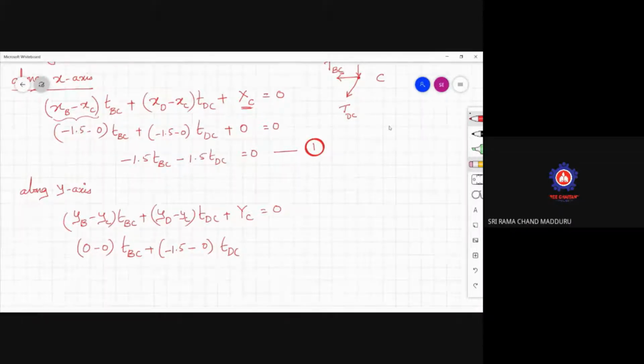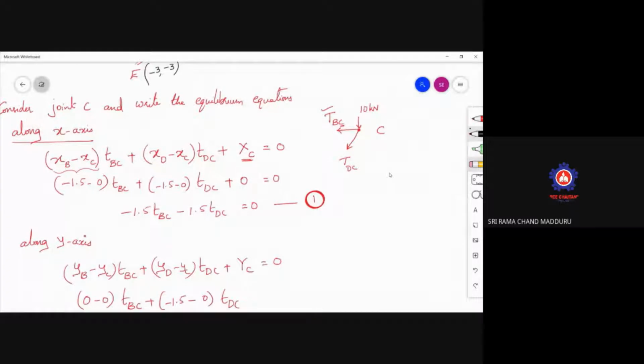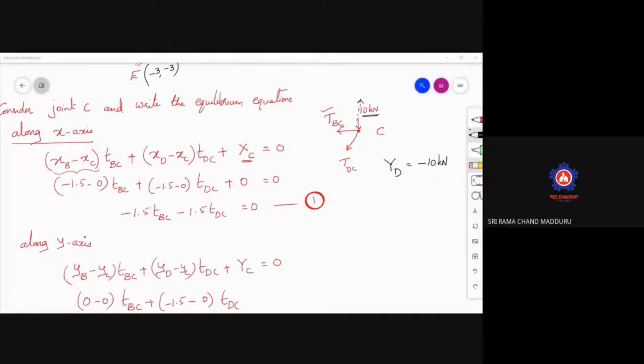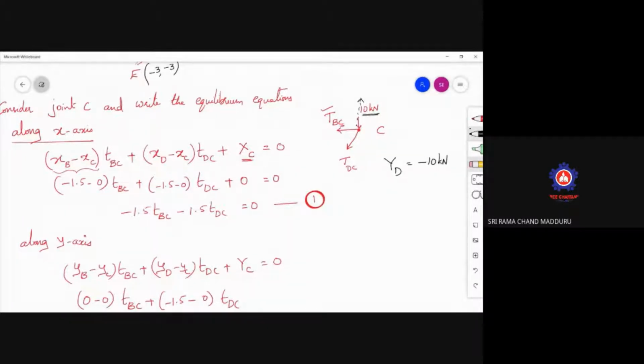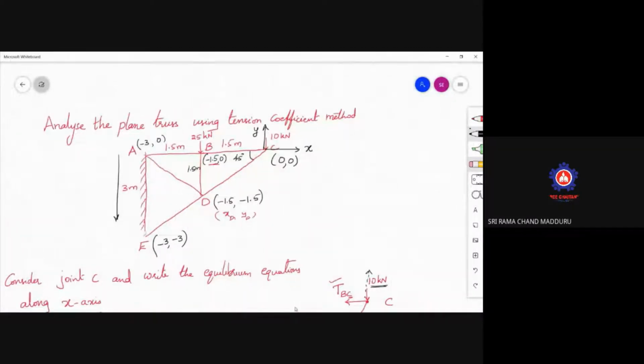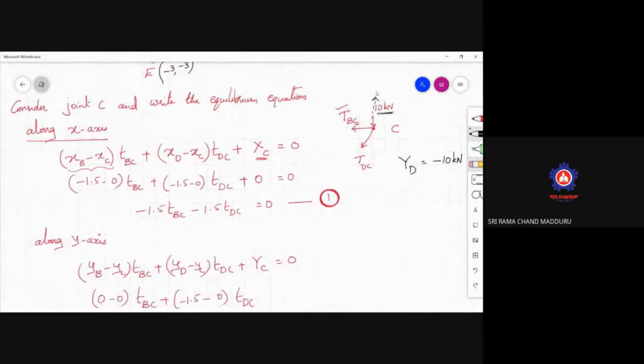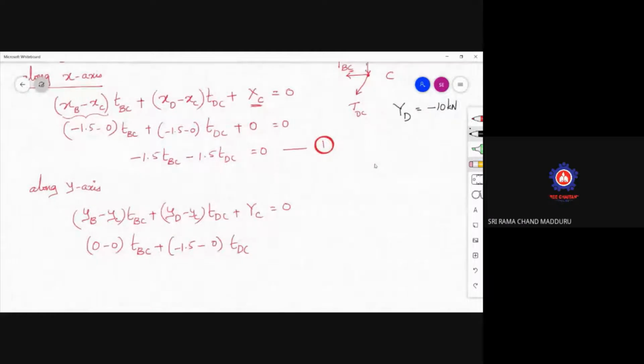What is your capital YC? Your assumed axis for the y direction is upward, but the load of 10 kilonewtons is acting in the downward direction. This is very important. The force is in the downward direction, but your assumed positive y-axis is upward. Hence, this is to be considered negative, so write it as minus 10 equal to 0.